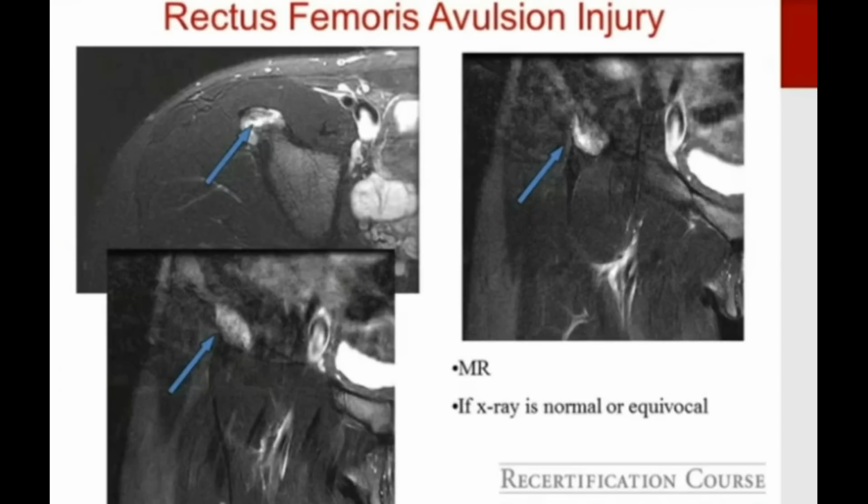What we see is subtle displacement of the apophysis, either the cartilage or the ossification within the apophysis, and then we see fluid signal separating the apophysis from the native bone. This is the classic appearance that we would see with a non-displaced rectus femoris avulsion injury.